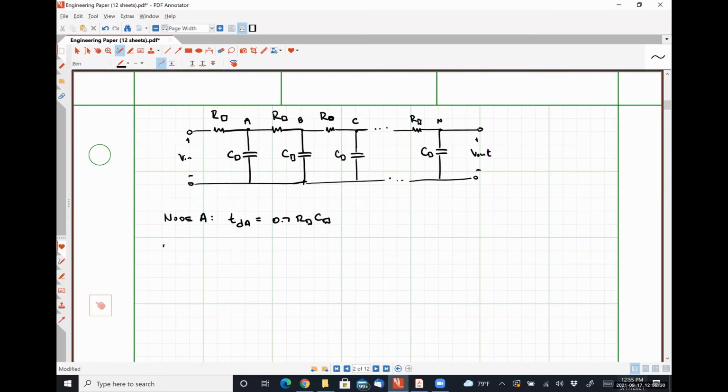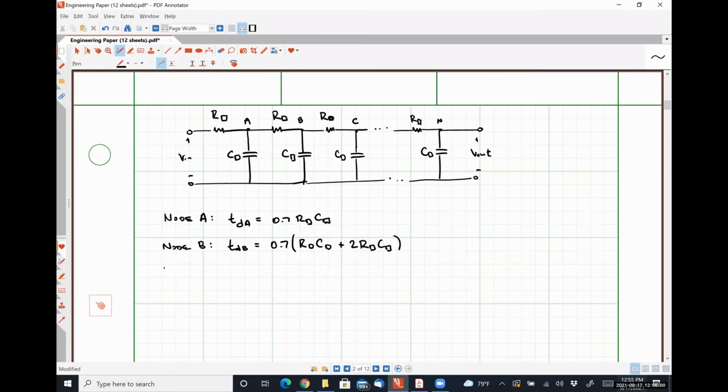When we get to node B, it would be 0.7 times r squared c squared plus twice r squared c squared, right? So we have to charge all the way up to the second node, and then we have to recharge the first node as well.